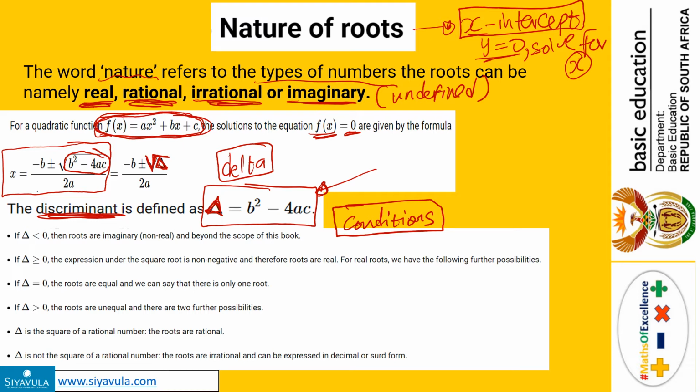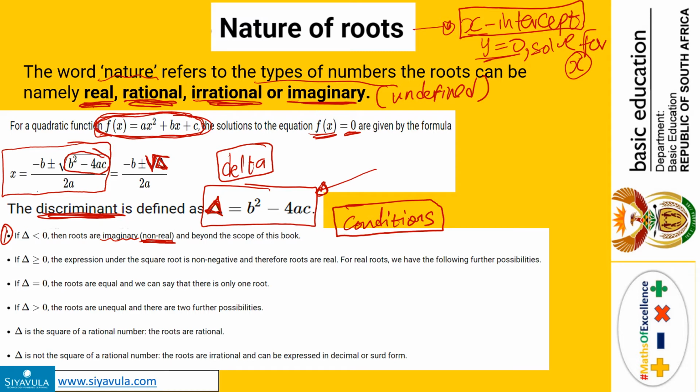The first condition, number one: if delta is less than 0, that is, if your delta is negative, then the roots are imaginary, or what we call non-real. They are really beyond the scope of this book, so we won't actually focus on them.